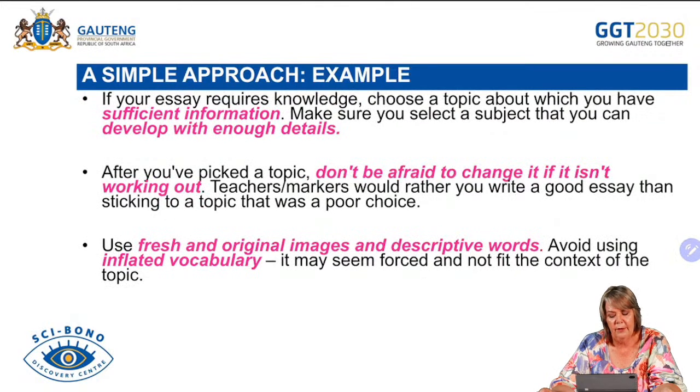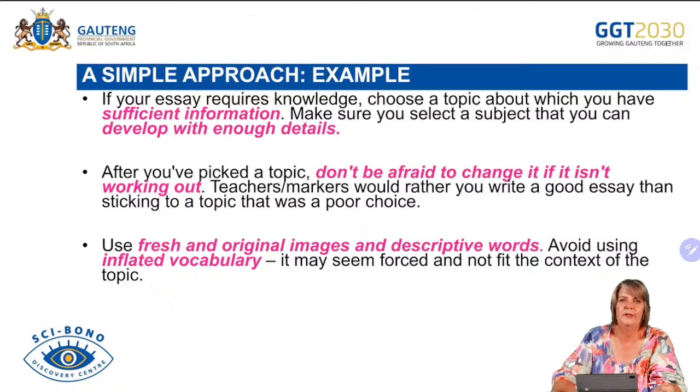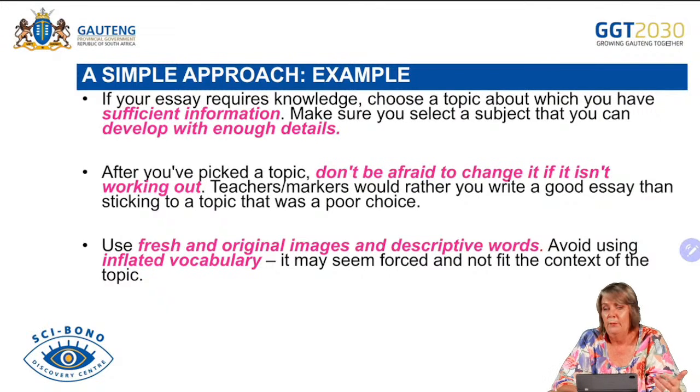If your essay requires knowledge, choose a topic about which you have sufficient information. Make sure you select a subject that you can develop with enough details. Now, I've made a quick reference to history and I haven't mentioned economics, but you can include that, business economics. Many of you want to be entrepreneurs, so you take a huge interest in that.